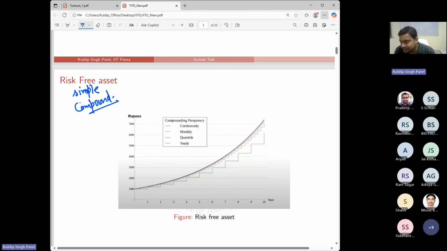So what does the bank give us, Aditya? Simple or compound? Compound interest, not simple. Yeah, CI. So compound interest we get from the banks. So basically, what is the difference between simple and compound interest?